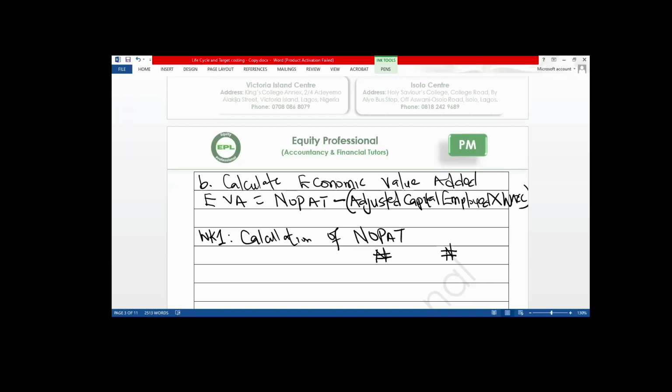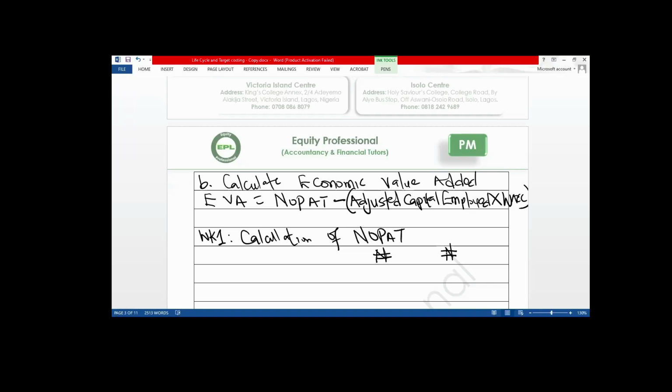In this case, if you are given 2 years of financial information and required to calculate EVA, you compute it for the most recent financial year.